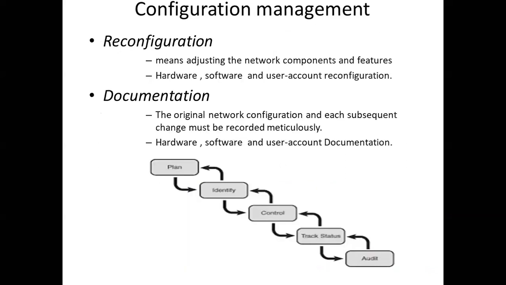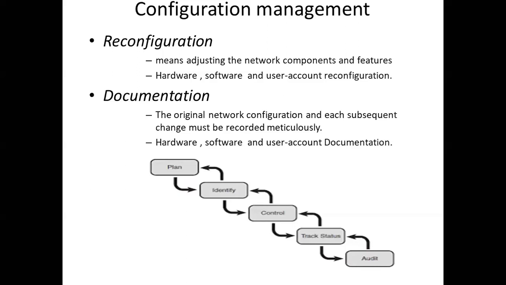Now, there are two things related to configuration management. One is reconfiguration, second is documentation. Reconfiguration means adjusting the network components and features according to the needs of the user. Now, what are we going to adjust? We could adjust the hardware settings. We could make some changes in the parameters of the software, or the user accounts that are created to access the software, that can be changed.